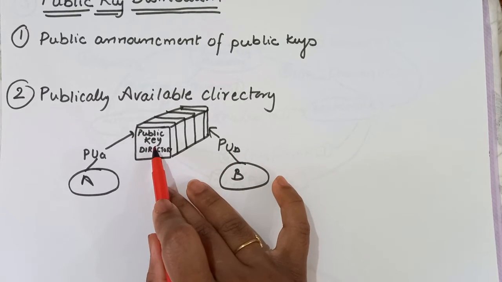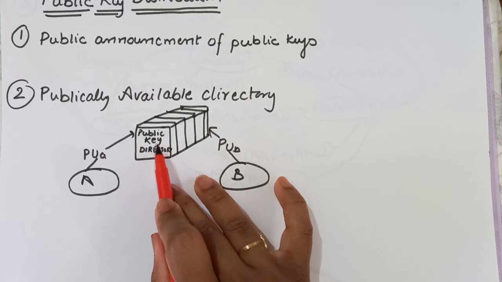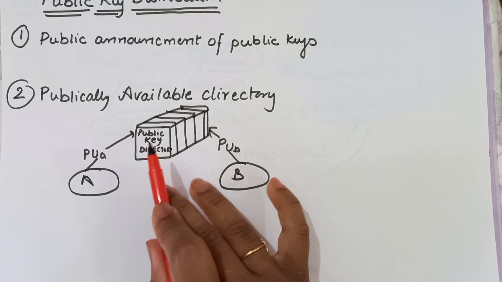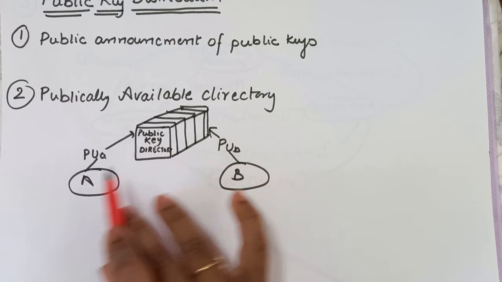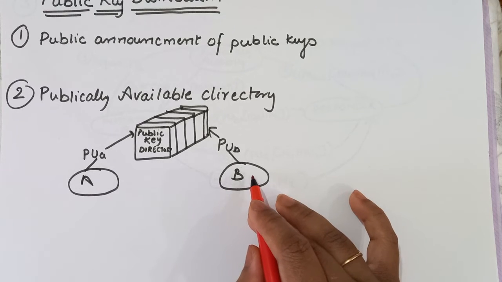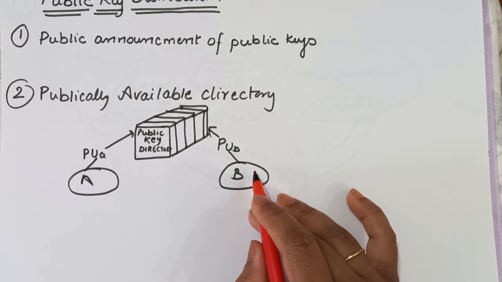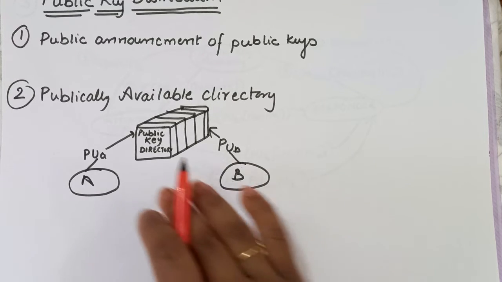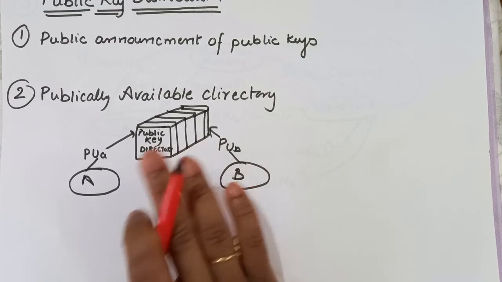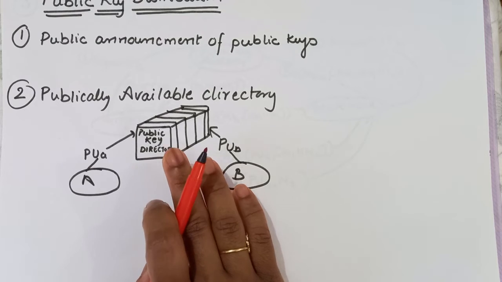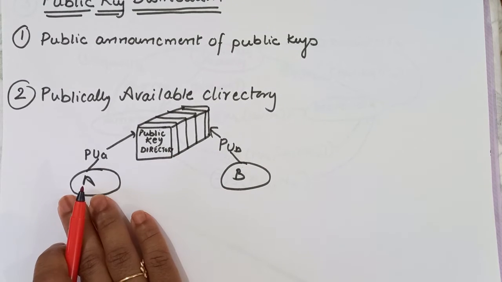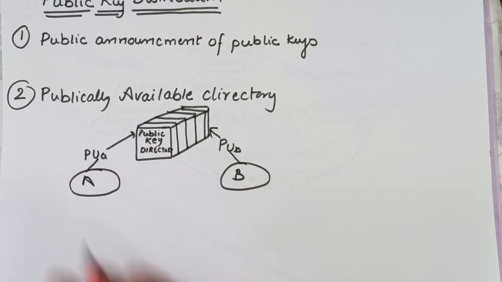From this directory anybody can see the public key of A and the public key of B. This is a trusted method because the third party is a trusted party and keeps only the registered users' public keys.